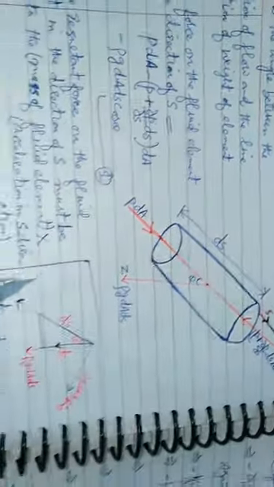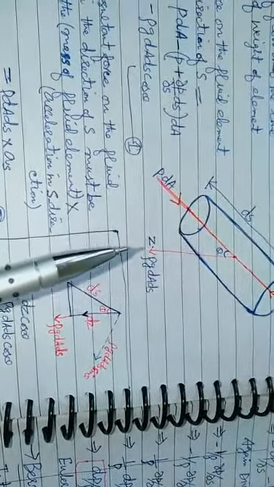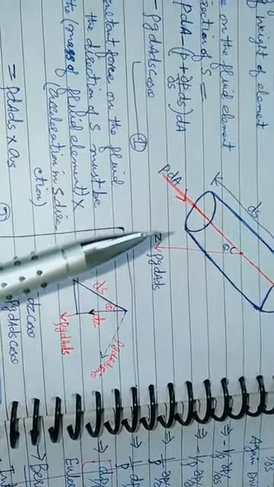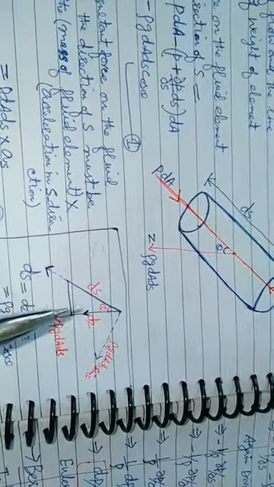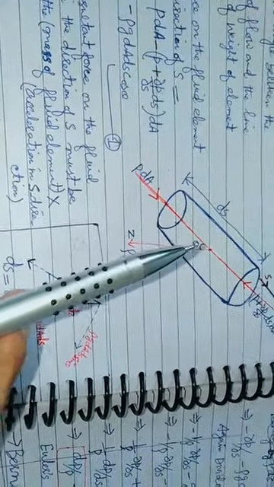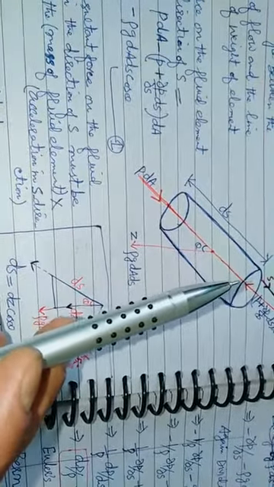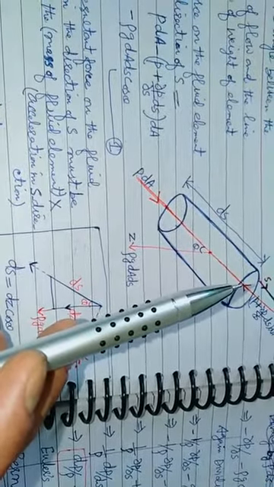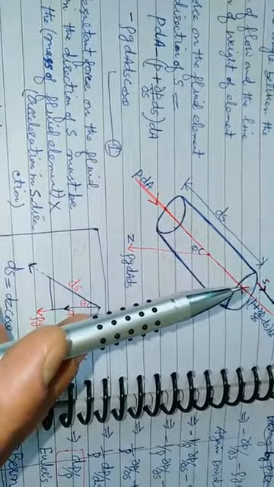This weight can be resolved. Suppose the weight rho g dA ds exists here at this point.